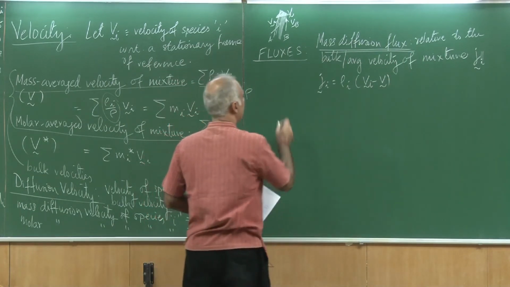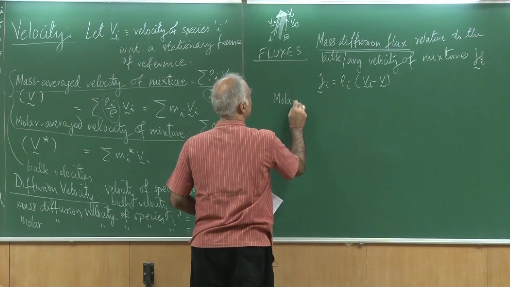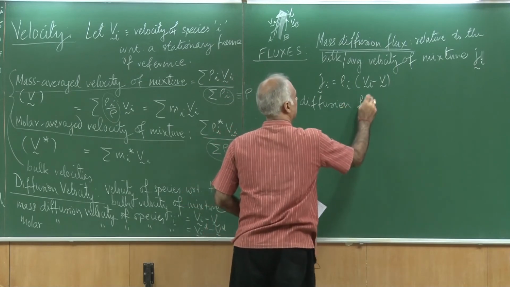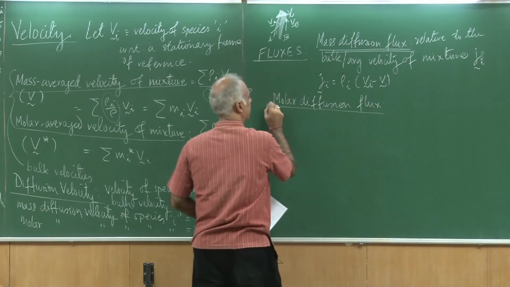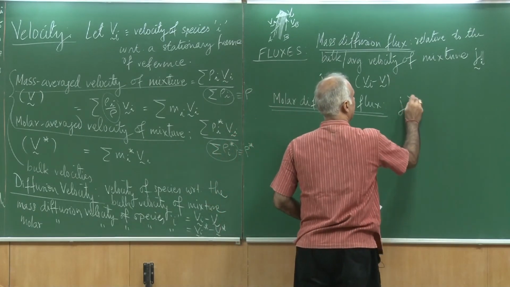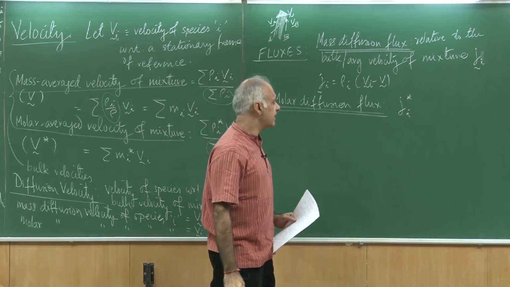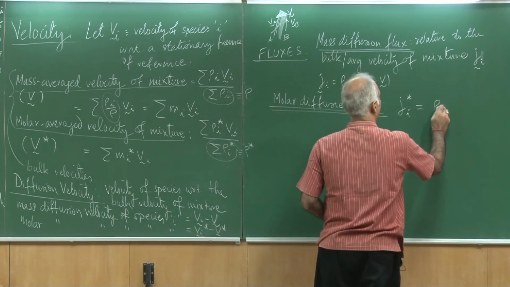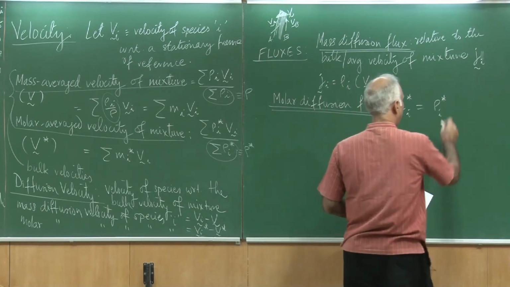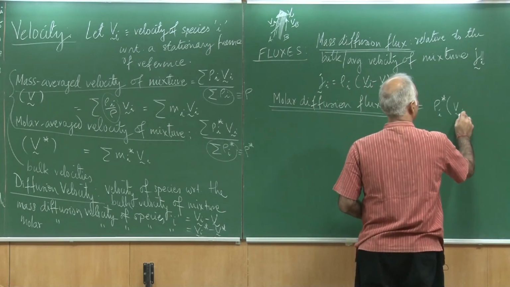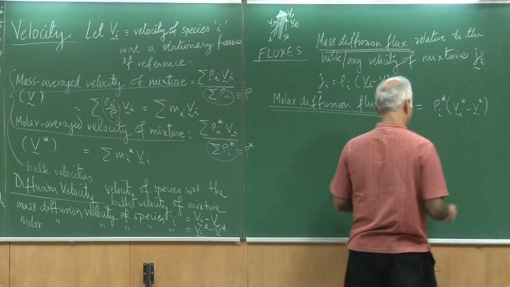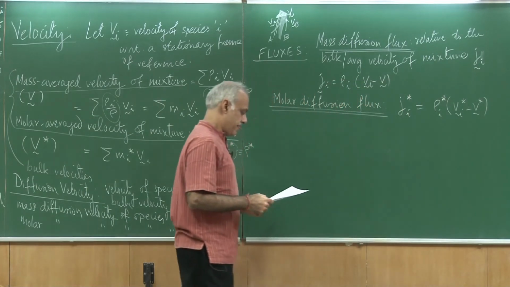I can also talk about the molar diffusion flux, and that's going to be given as again Ji but with a superscript star, and this would depend on rho I star, and the velocities are also going to be now the molar velocities.